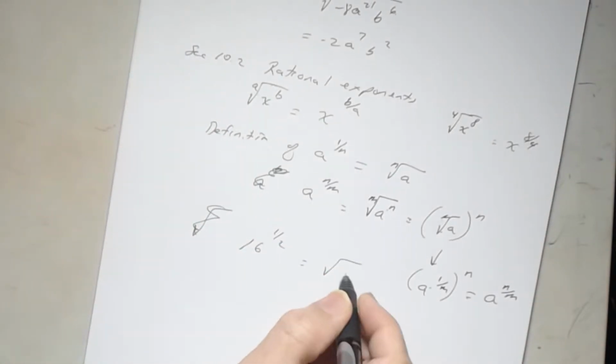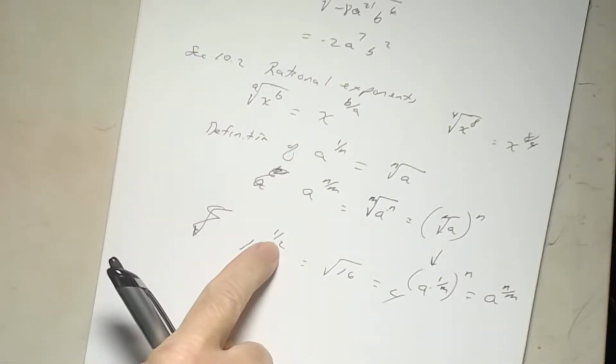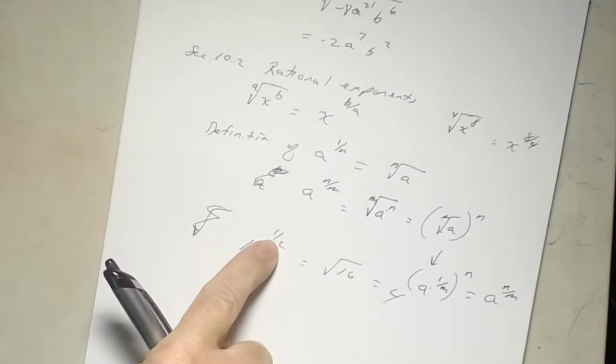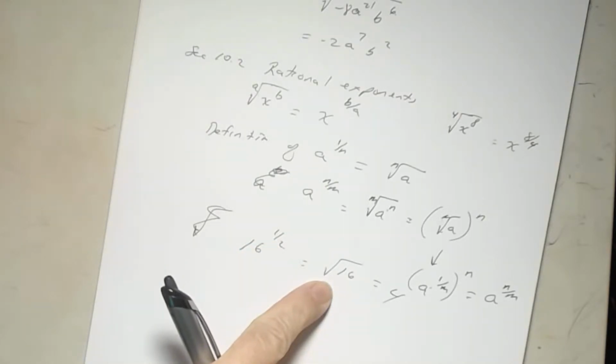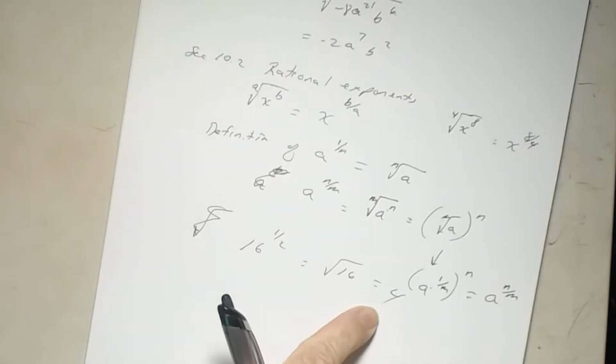So you forgot to change it to a radical. 16 to the 1/2 is the square root of what? 16. And the square root of 16 is 4. So you got to remember, when you have rational exponents, you want to write as a radical. And then simplify.